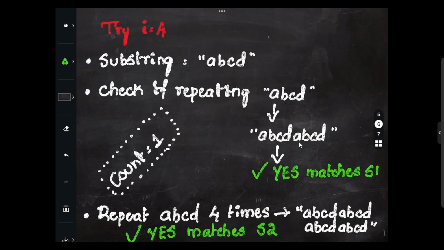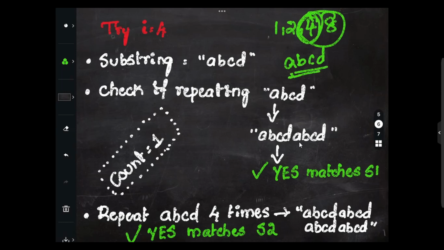Let's come to the third part here. We checked with 1 and 2. We still have 4 and 8 left. So let's try with 4 now. This is the third step. Here the substring is ABCD, because we are considering 4 characters.